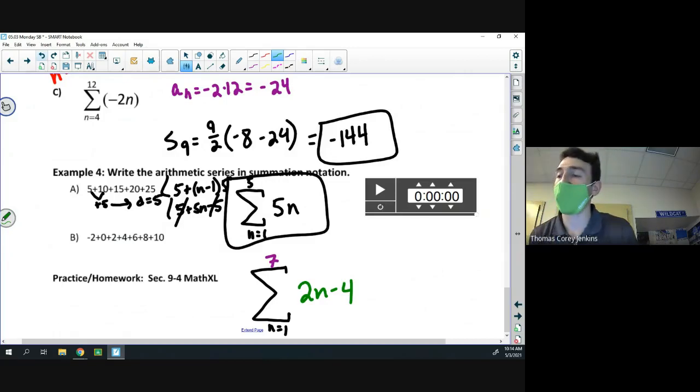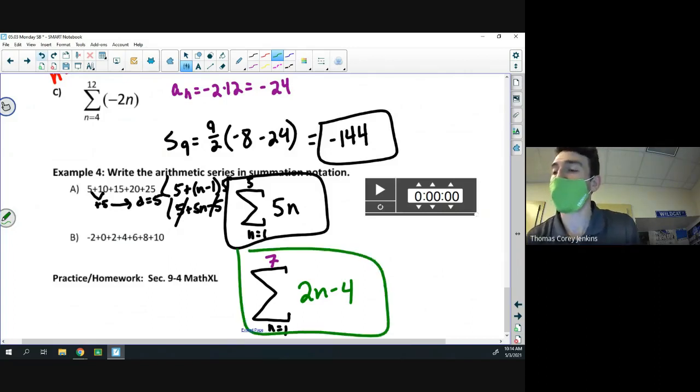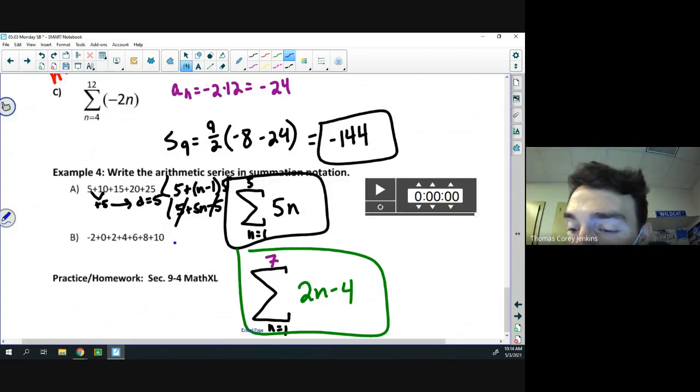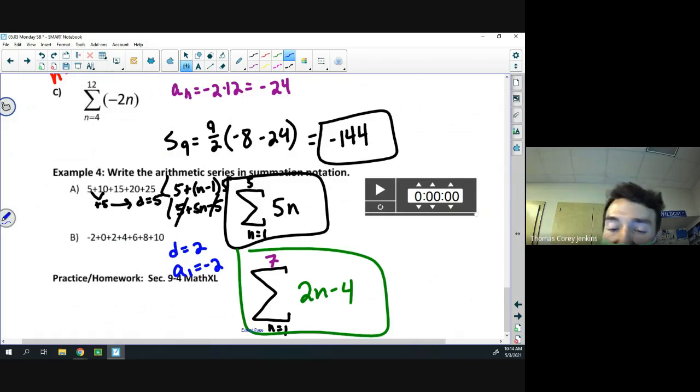So to close, how we get 2n minus 4. Basically, you need 2 things. You need to know what's your common difference. All right. So figure out d equals 2. And what's a sub 1? So given that, then we just plug into our formula.